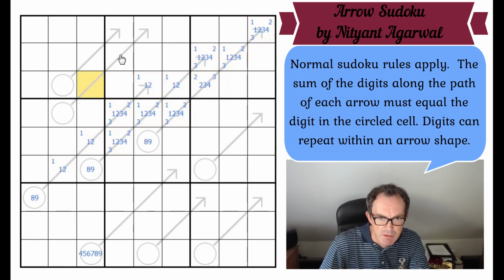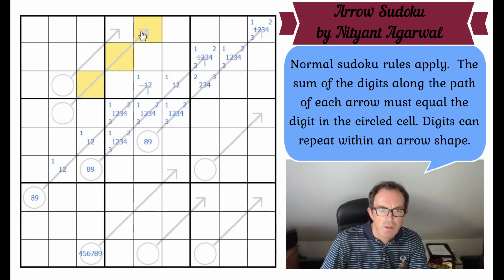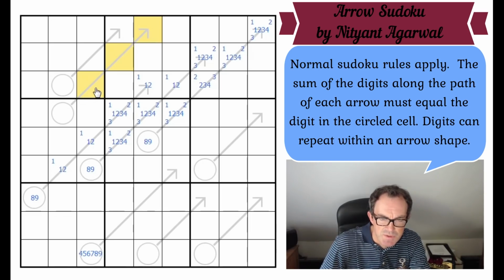Now this arrow is interesting. Let's imagine this was a 1, 2 pair, just for a moment.